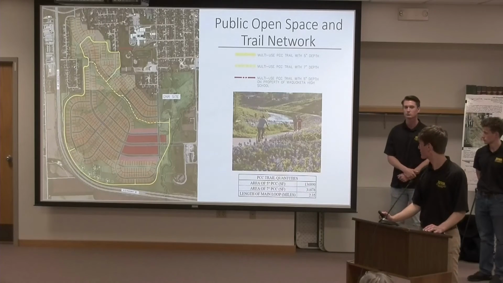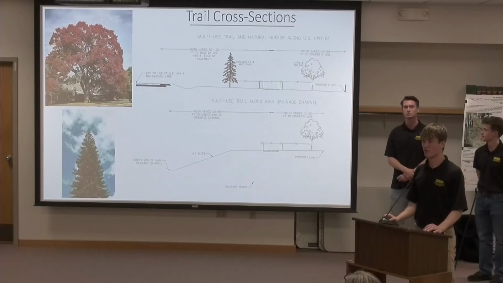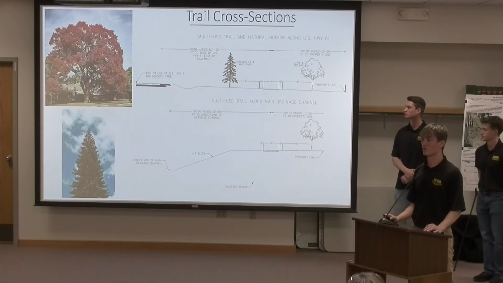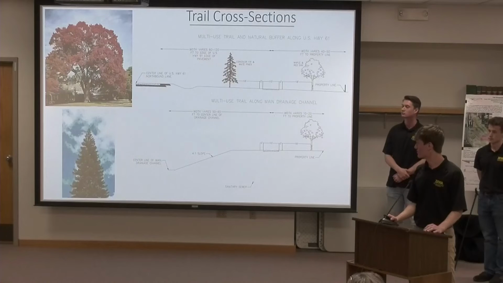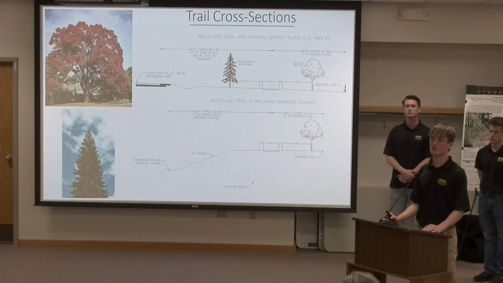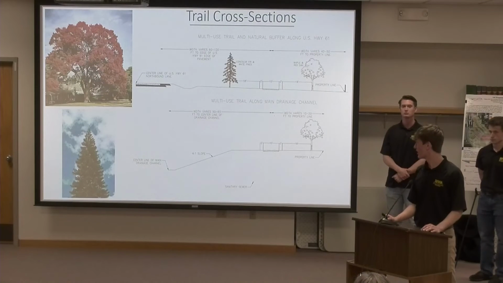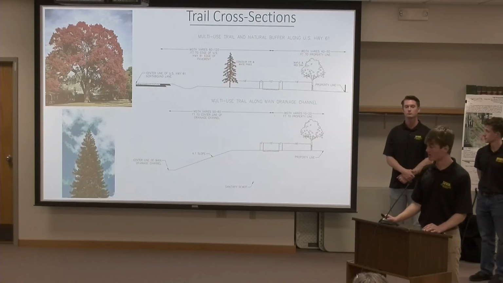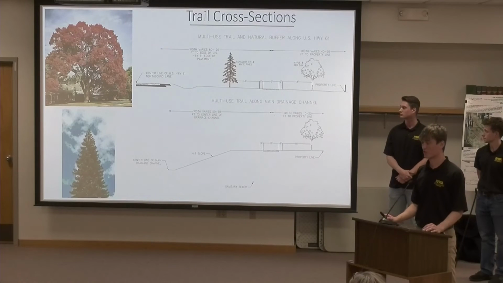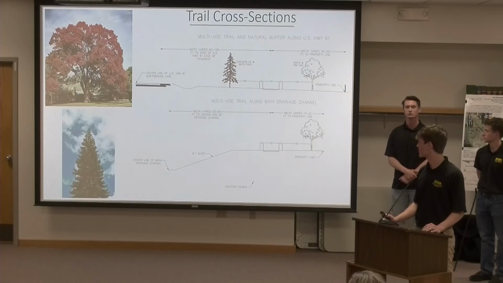Along the south side of the trail, there's going to be trees that we have proposed, and these trees will run along the highway, or the portion of the trail that runs along the highway. And the goal of this is to provide privacy to the residents of the site, both visible and audible privacy from road noise. These trees will consist of firs and pines, as well as some maples and oaks.